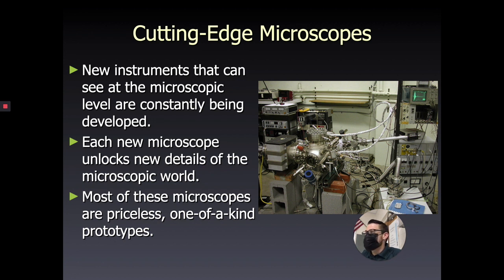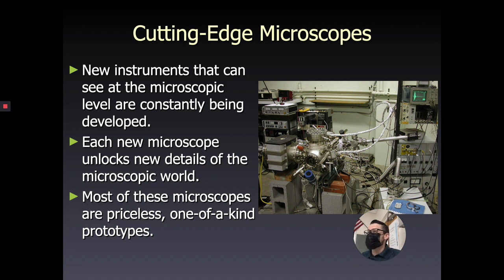But again, this is how new technology is developed. Scientists come up with ideas and say, well, what's another way we can do this? We want to see things that are very, very small. How can we do that? And they develop new instruments to do that all the time. This is kind of like pushing the boundary of our understanding of science.